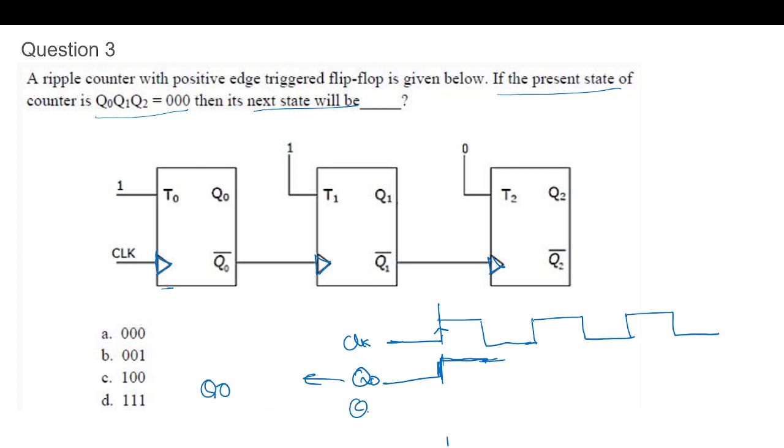Q bar also, that is our clock. So it's a negative edge. So Q1 will remain in the same state. Also, Q2 will remain in the same state. So output will be in 1, 0, 0 state.